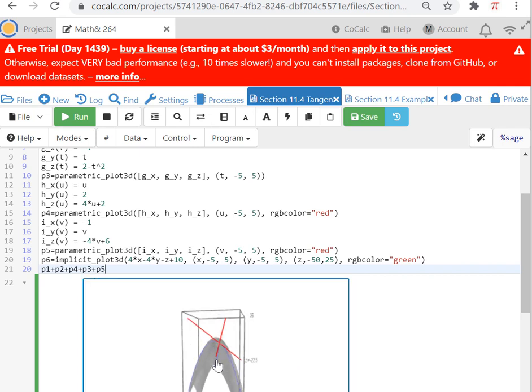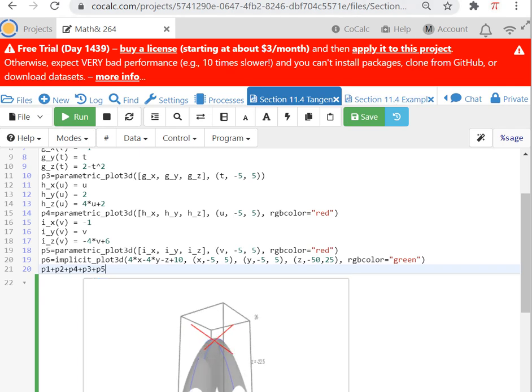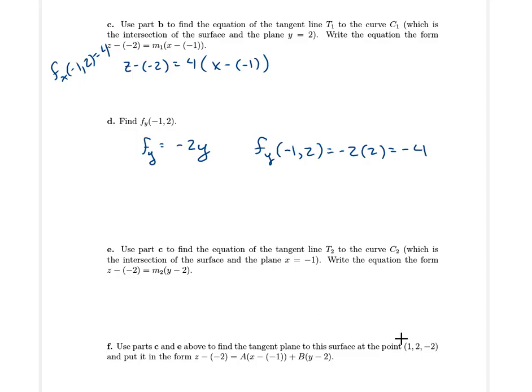So you can see we have these 2 tangent lines that we're going to come up with. And of course, m2, what is that? Well, that's got to be our negative 4. So we have z minus negative 2 is equal to negative 4 times y minus 2.